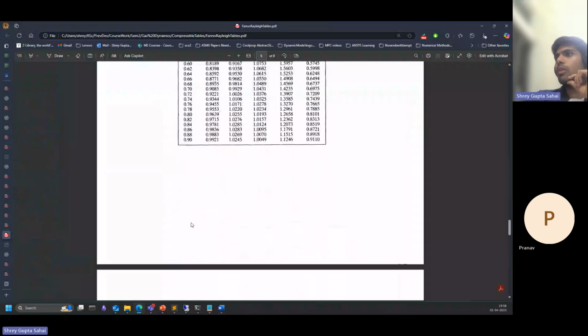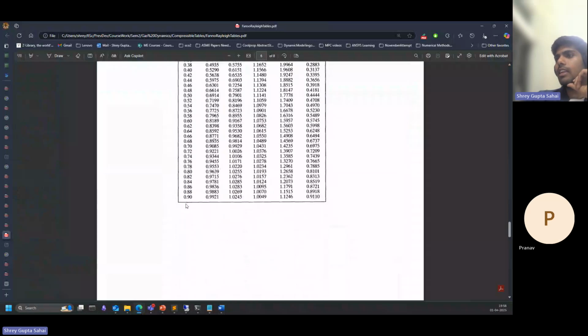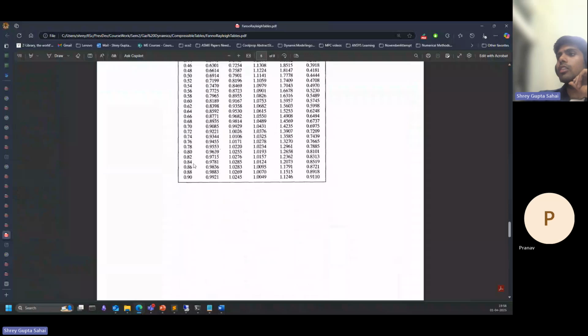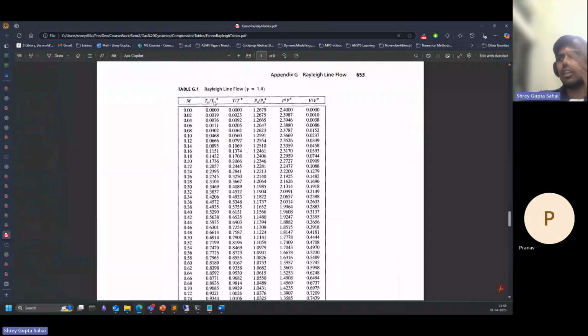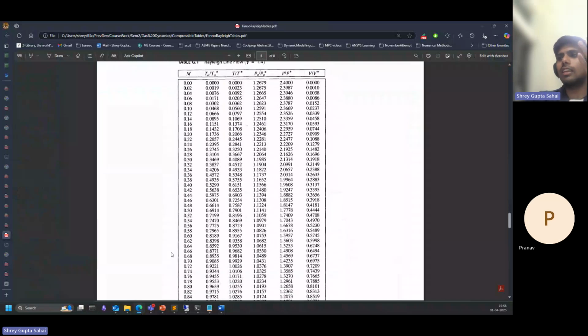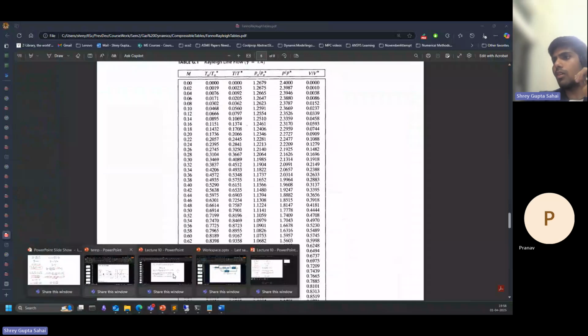So for a 0.3 value, we can see what is the Mach number at the inlet. And at the exit, we know we want the maximum static temperature. So that will be the value, and Cp times T, this T we know. We can calculate T naught values for both of them, just subtract, and get a number.